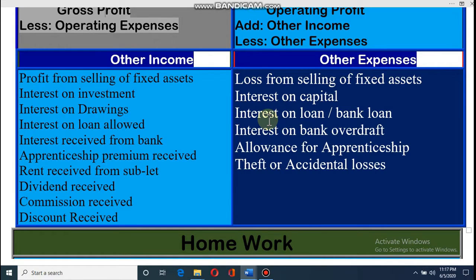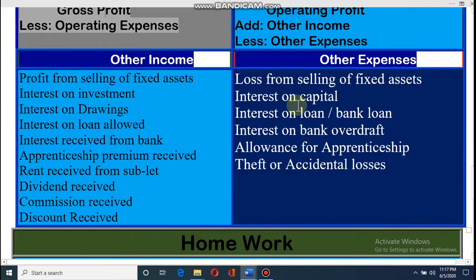Dear student, some examples are given here. Look at loss from selling of fixed asset. That means if you profit from selling of fixed asset, that is your other income. If you lose from selling of fixed asset, then it is your other expenses. Then interest on capital.